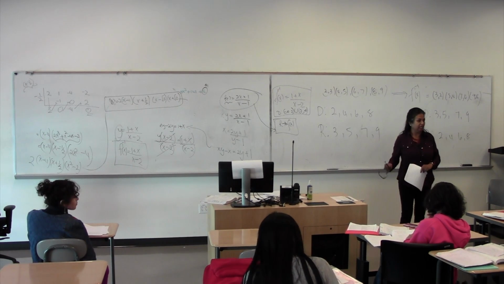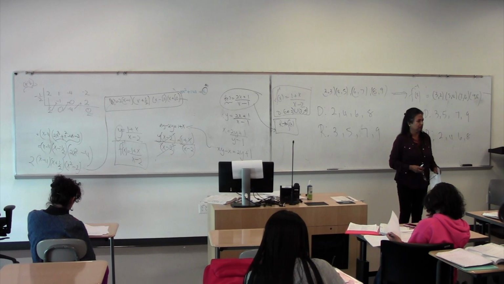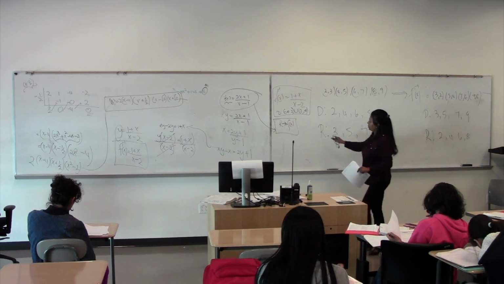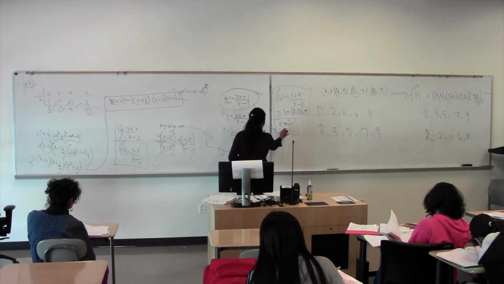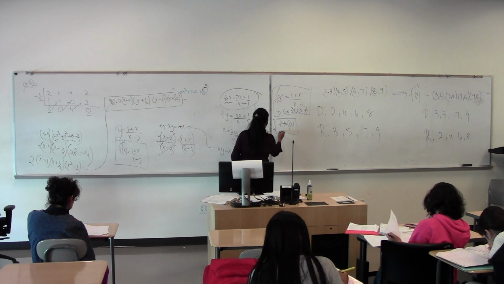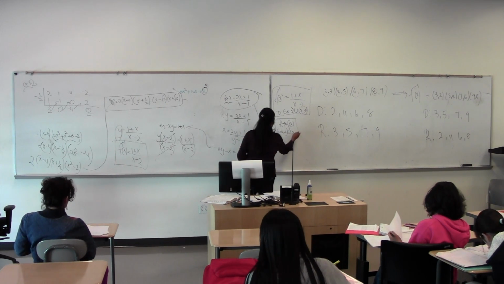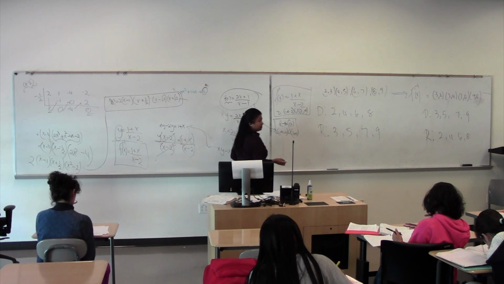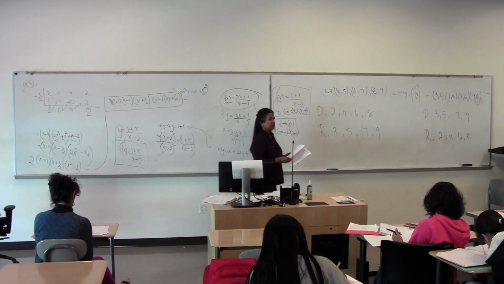We switch the x numbers with y and the y numbers with x. Therefore the answer is that the range of f of x is the domain of this, which is negative infinity to 2, union 2 to infinity. Is everybody following this? Understood?